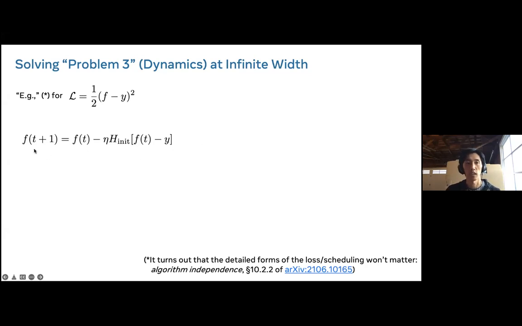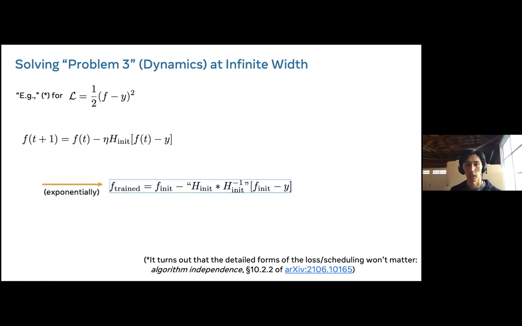So you get this linear homogeneous equation. That's just a way of saying that it's a piece of cake for us to solve. So you get the exponentially decaying function, and you can get the closed form at each step in time, in iteration. In particular, you get the result after infinite steps. Well, it exponentially converges.